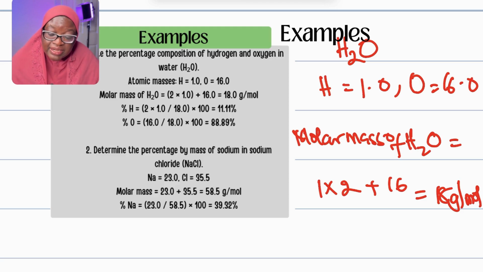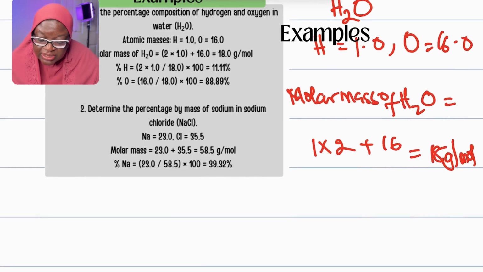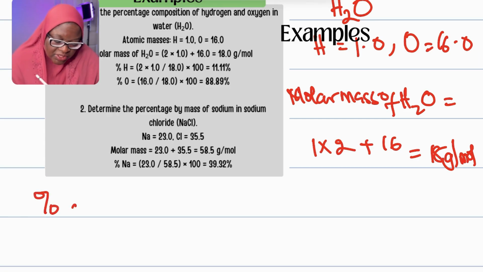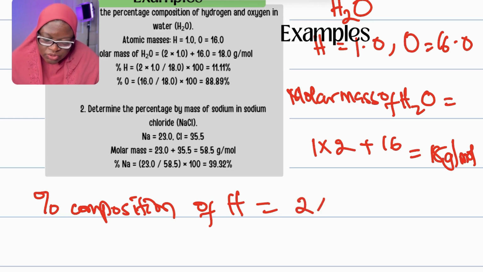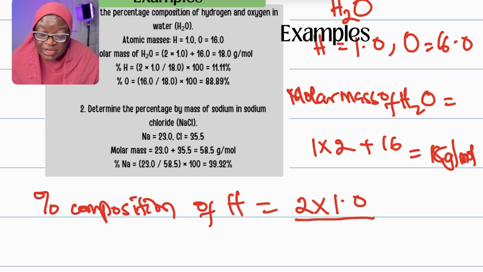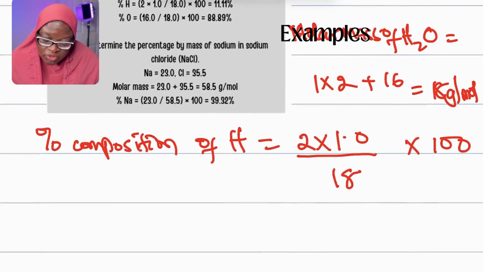Let's find the total mass of the elements that we are interested in. What is the total element that we are interested in? It is 2, right? Because we are interested in hydrogen. So percentage composition of hydrogen, we have 2 hydrogen in there, right? Will be equal to 2 times 1.0 because you have 2 hydrogen, divided by the molar mass that we've calculated, 18, times, because it's in percentage, 100.